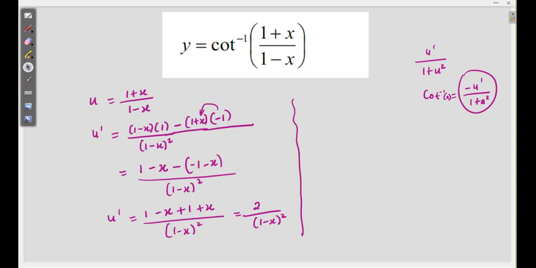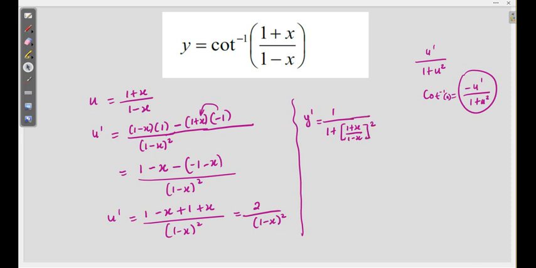Now that we have the derivative of u, we can then simply substitute it there to say therefore the derivative of y of the whole thing now would be equal to 1 all over, remember 1 plus u squared, 1 all over 1 plus your 1 plus x divided by 1 minus x, then you say all squared, right?